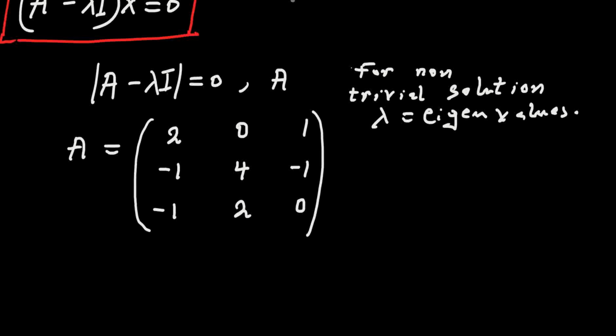And for a non-trivial solution, x also is not equal to 0. So what we need to do at this point is to find the value of lambda, and that is actually the value of the eigenvalues.